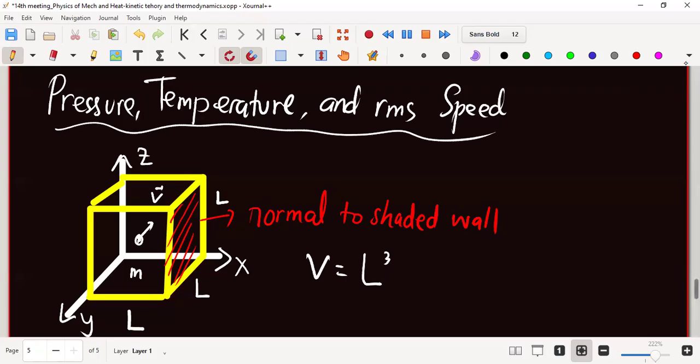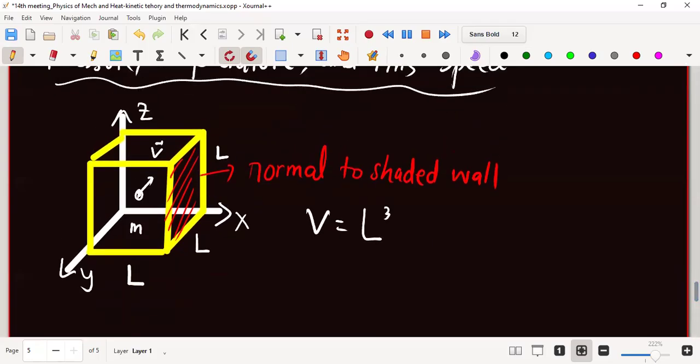Consider n moles of an ideal gas confined in a cubical box of volume V.